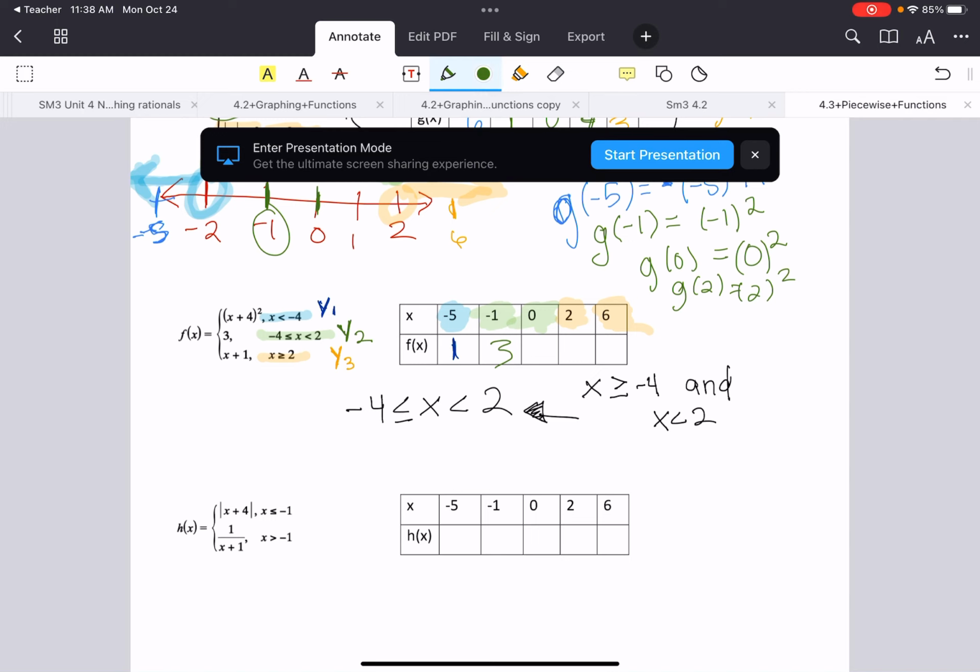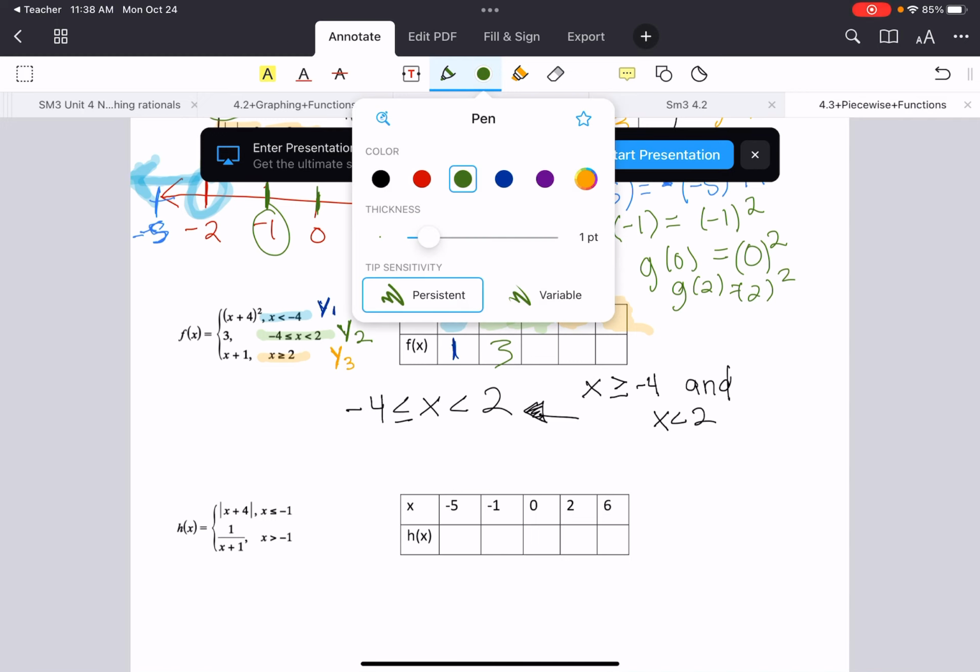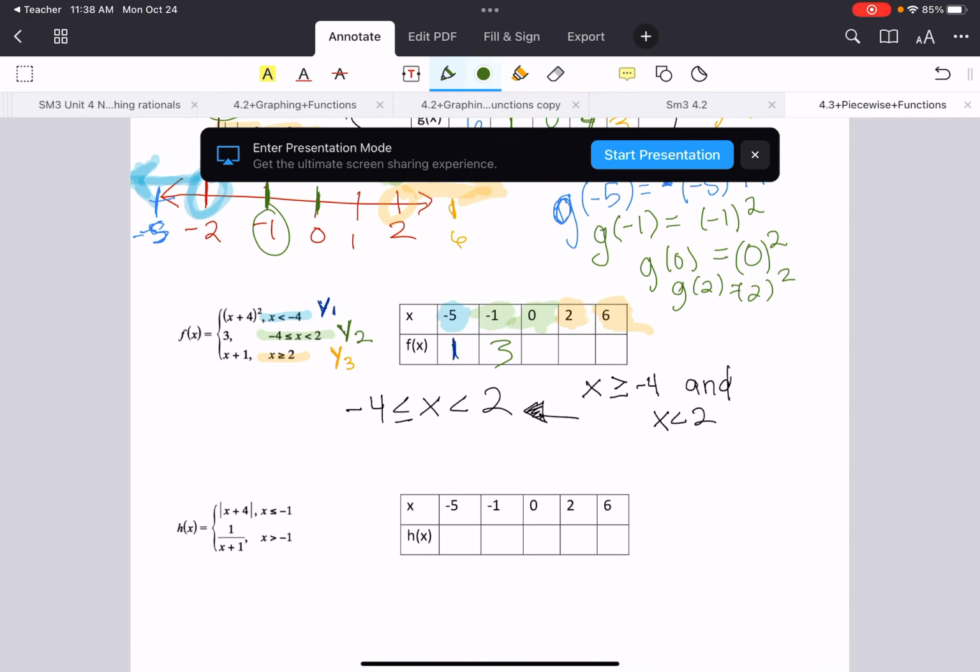Then you said 0 was in the second one, so alpha trace y2, 0 equals 3. Once you get the hang of it, it's easy.